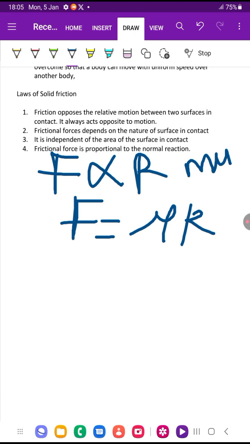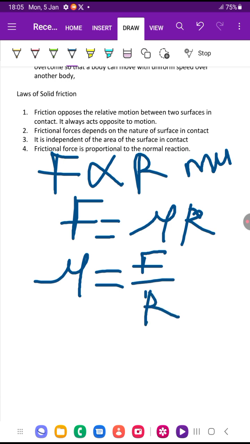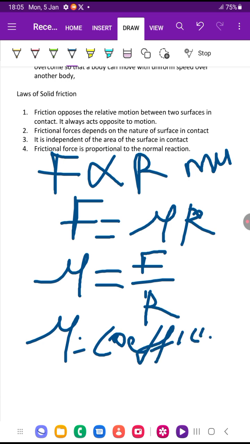So frictional force is equal to mu times R. So this mu is now equal to F over R. Mu is what we call the coefficient of friction. F is the frictional force, and R is the normal reaction.